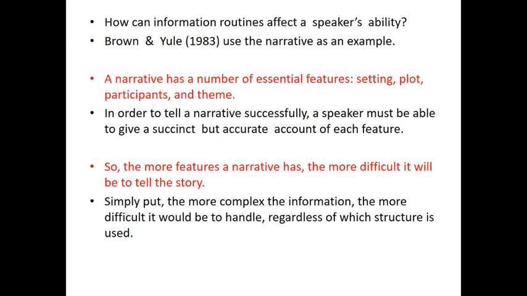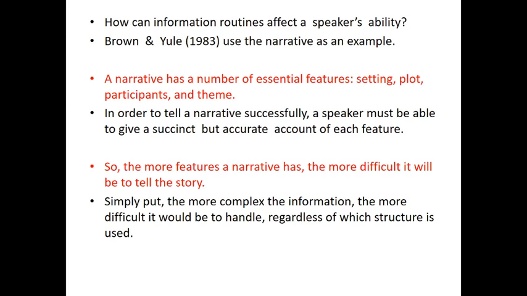So, how can information routines affect a speaker's ability? One example is the narrative. A narrative has a number of essential features. We narrate something: the setting, where it took place; the plot, step by step what happened; participants, who were involved in it; and the theme, what kind of themes you are talking about.